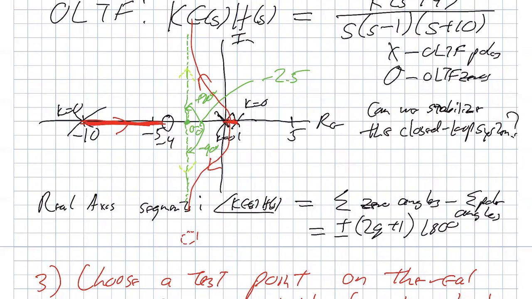So the answer is yes, for a large enough K. And assuming we've drawn this correctly, we could use the magnitude criterion to actually calculate it. All right, so hopefully this example made sense.